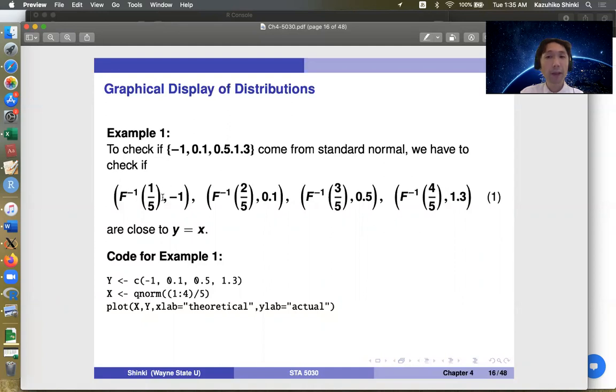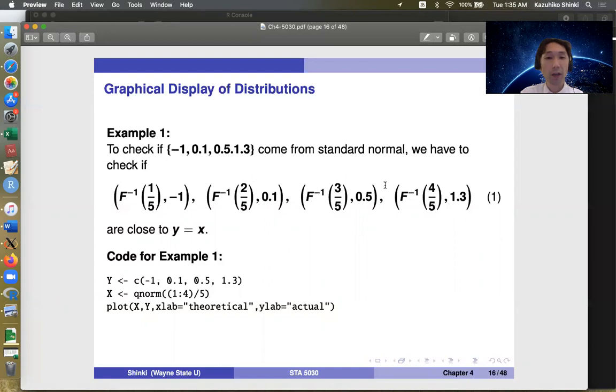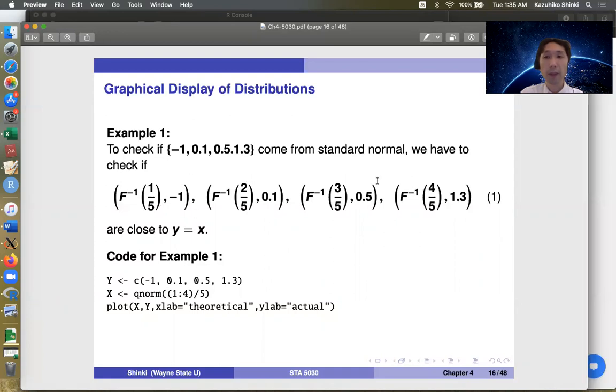So if we have 4 observations, one typical realization is to plug in just the 4 numbers which have equal intervals in the interval 0, 1. Then 1/5, 2/5, 3/5, 4/5 is our reasonable expectation for random numbers.